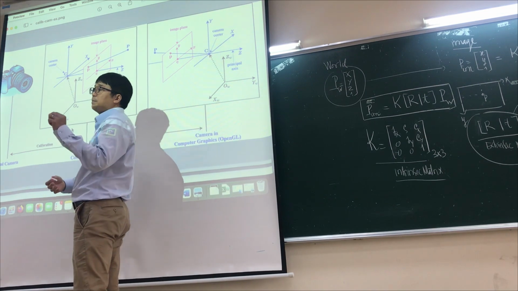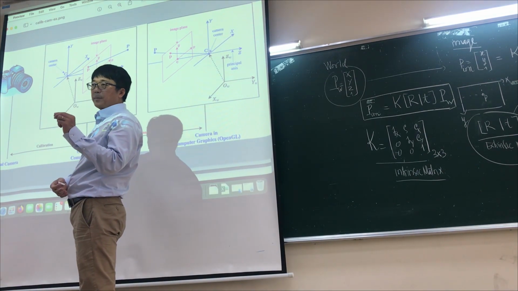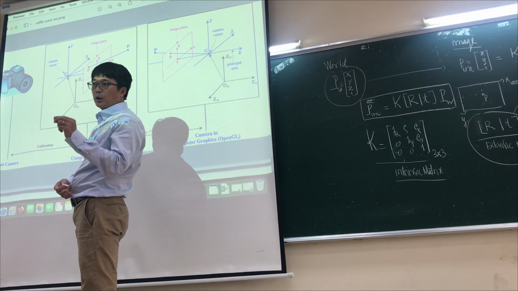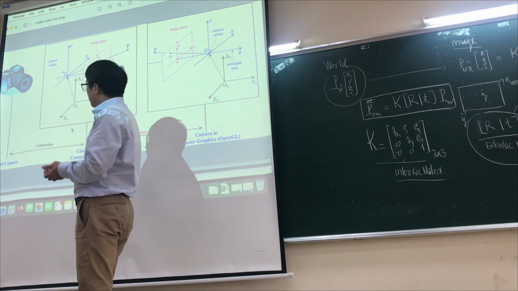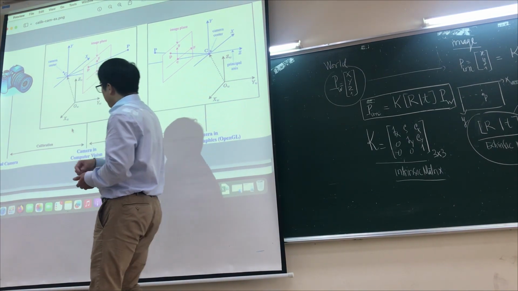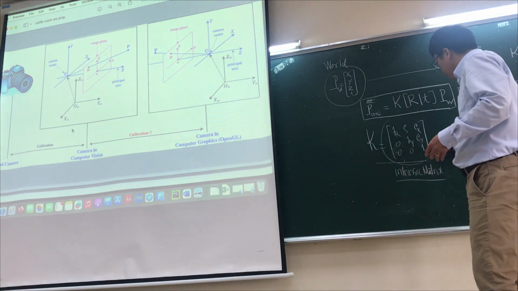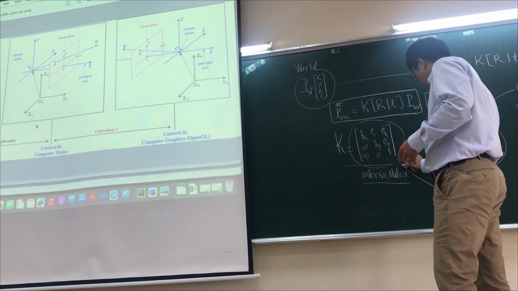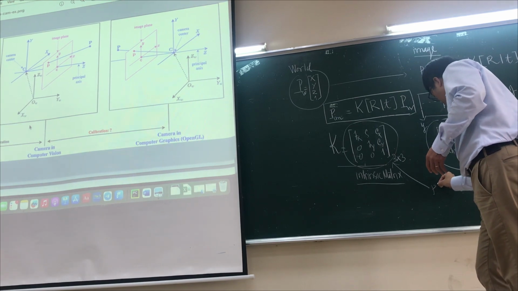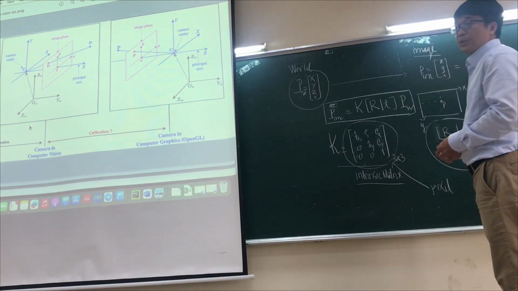The focal length is in centimeter or millimeter in the real world. But after calibration, almost all the camera parameters are measured in pixel. So the unit here is pixel.